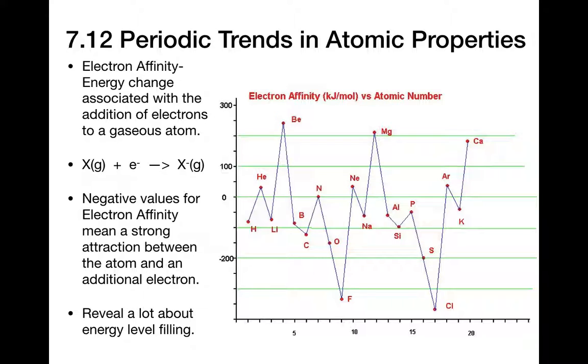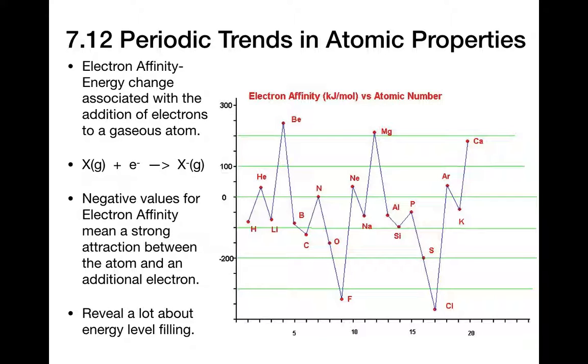So if we think of an atom bonding to a new electron, or adding an electron to an atom to make a negative ion, an anion, if the atom receives the electron by attracting it to itself, then that means we are forming a bond, and forming a bond gives off energy, and that is exothermic, and so the energy should be a negative number because energy is released when a bond forms.